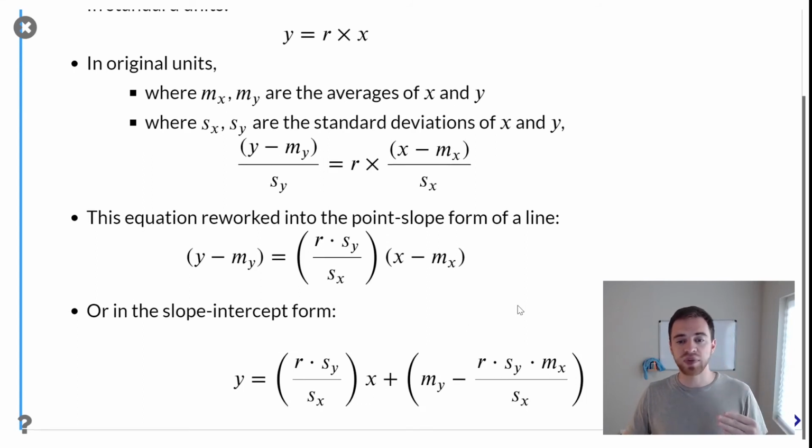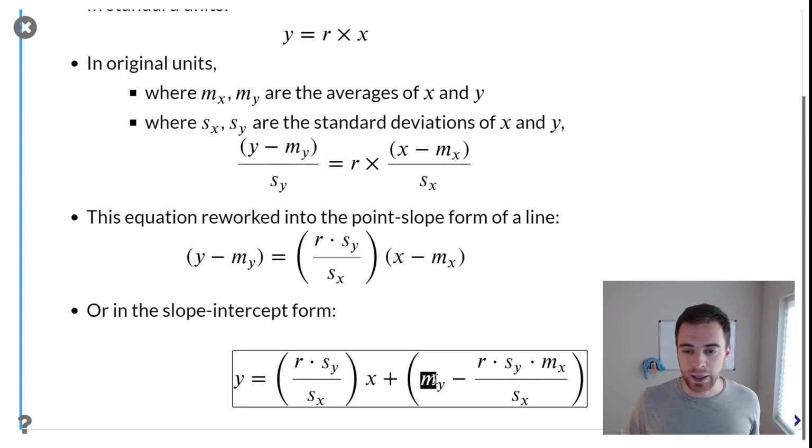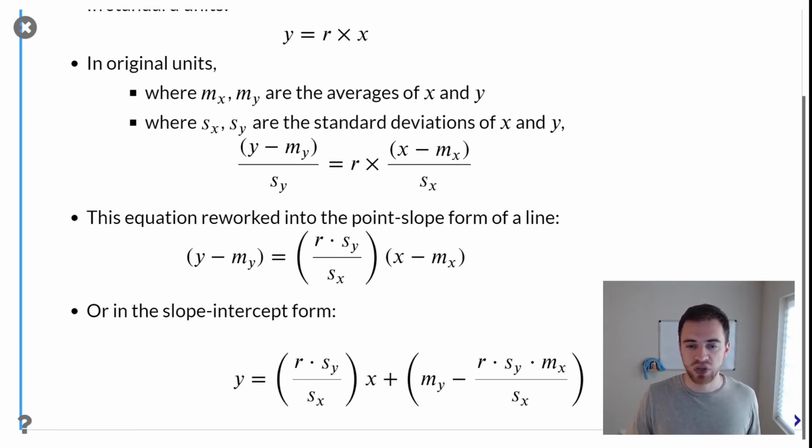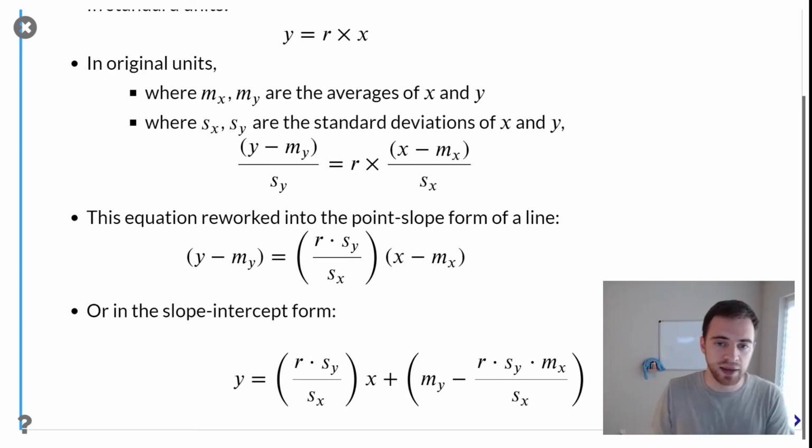The y-intercept is no longer going to pass through the origin. It'll be the average y minus this whole thing here. You can remember this if you want; it'll be on the cheat sheet for the exam. But you should know that there are two ways of computing the prediction, which are exactly the same.